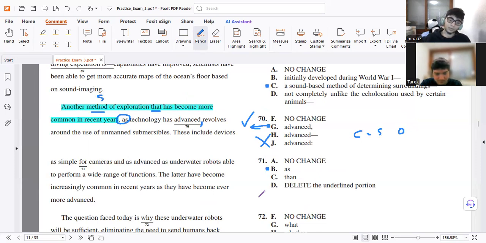As simple as cameras. So it's a comparison. Right, so we need that. This is called parallelism by using conjunctions. That's right.